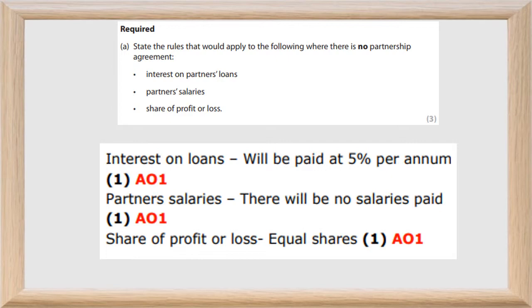Second, partners' salaries will not be paid. Third, the profit or loss will be shared equally. All of these considerations are based on Section 24 of the Partnership Act of 1890, which should be followed whenever a written partnership agreement is absent.